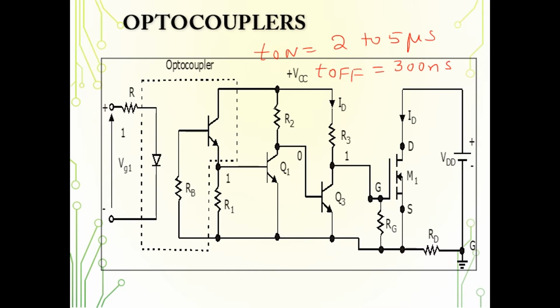So Darlington pair, which you might have studied in analog electronics, you might have seen a separate supply for it. The same way this Darlington pair, that is a phototransistor, requires a separate supply. So in this way, by using pulse transformers and the optocouplers, you can achieve the isolation between the high power converter circuit and the low power logic circuit.